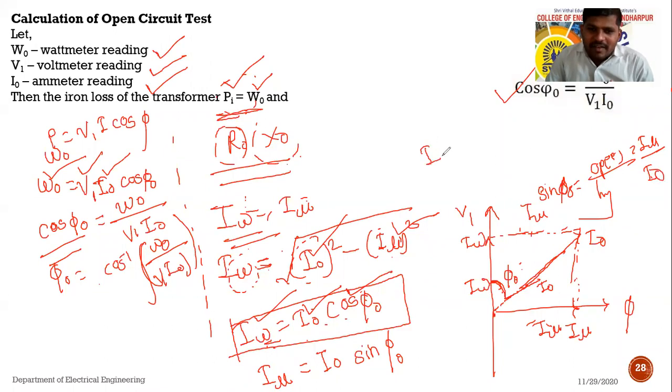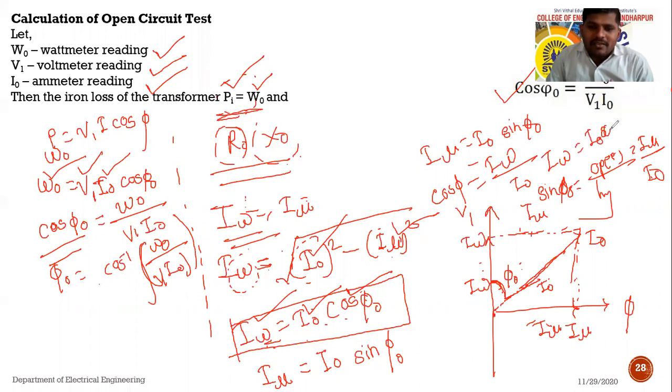According to this, you get I mu is equal to I0 sin phi 0. Similarly, cos is adjacent side divided by hypotenuse. The adjacent side is nothing but IW. Cos phi is equal to IW divided by I0. So according to this, IW is equal to I0 cos of phi 0. See, remember this.